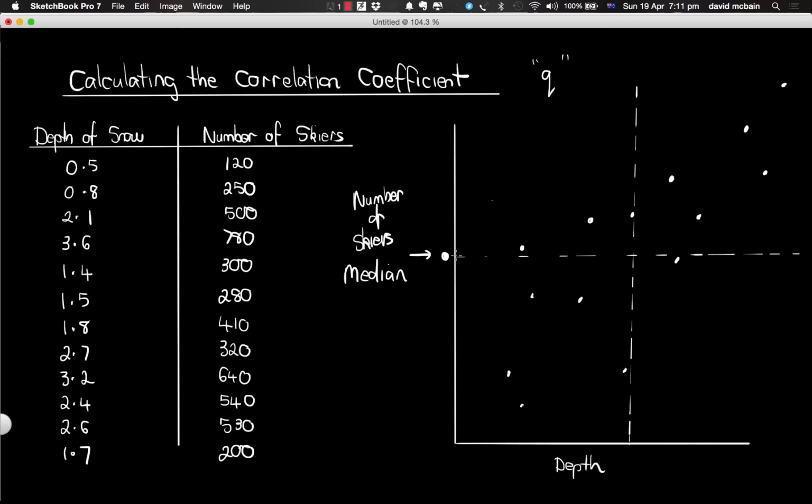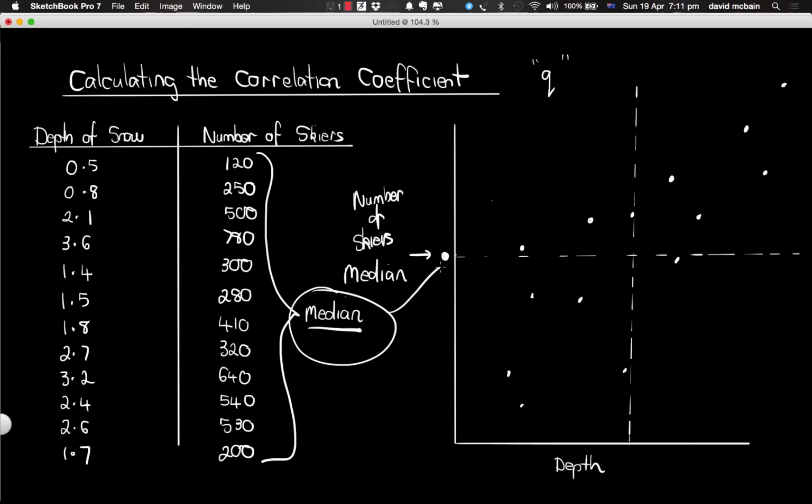So to find this point, where we draw our line that breaks the data into top half and bottom half, we look at the vertical axis variable, in other words, the dependent variable, which in this case is the number of skiers. We feed this data into our calculator and we find the median. So once we've found the median of this data, that tells us that value.